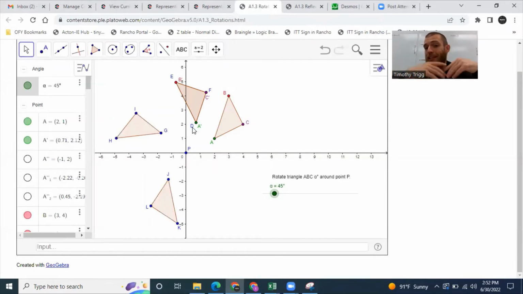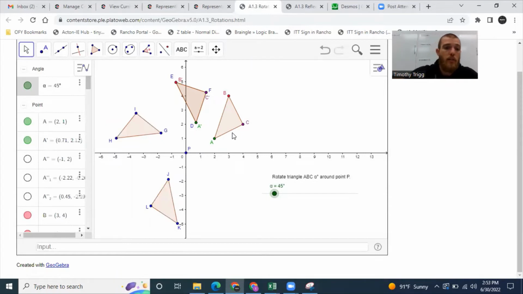Congruent means they're the exact same shape, exact same size. So when you translate, or reflect, or rotate, the image and pre-image are always congruent. In other words, it doesn't change the size or shape of the pre-image.